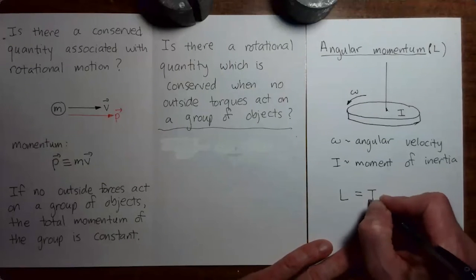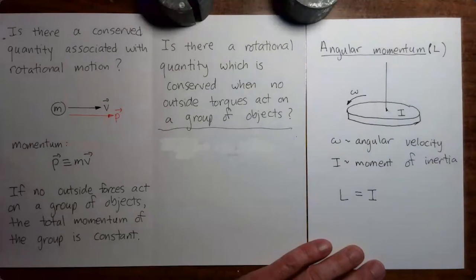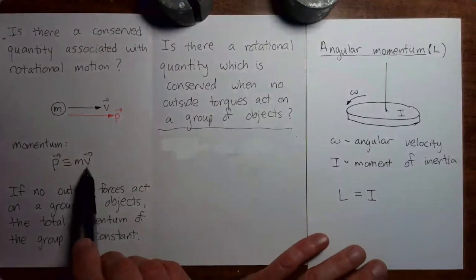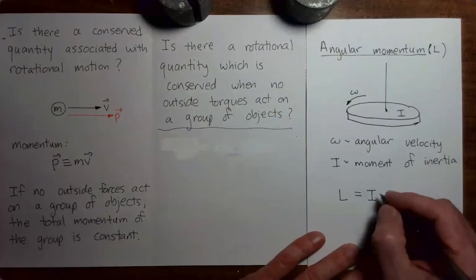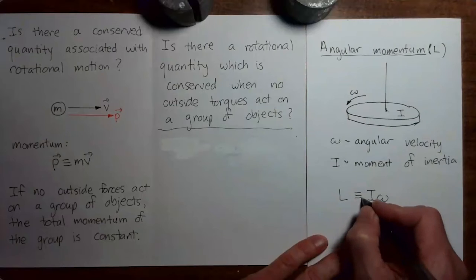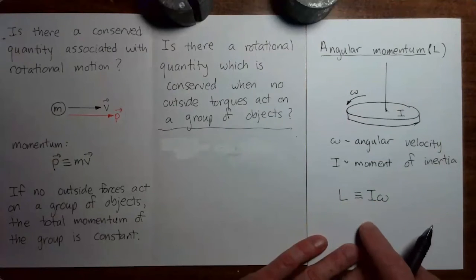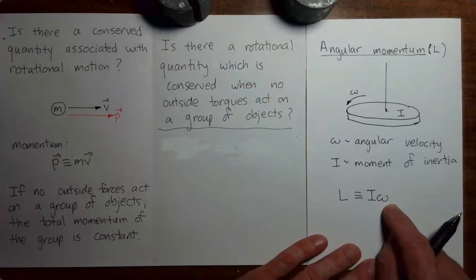So moment of inertia is the rotational analog of the mass. What would be the rotational analog of the velocity? That would be the angular velocity. So we define angular momentum as the product moment of inertia times angular velocity.